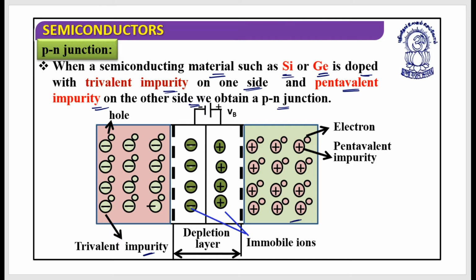And when we add pentavalent impurities, electrons will be the majority charge carriers. When we combine these two materials, this is what we call the PN junction.